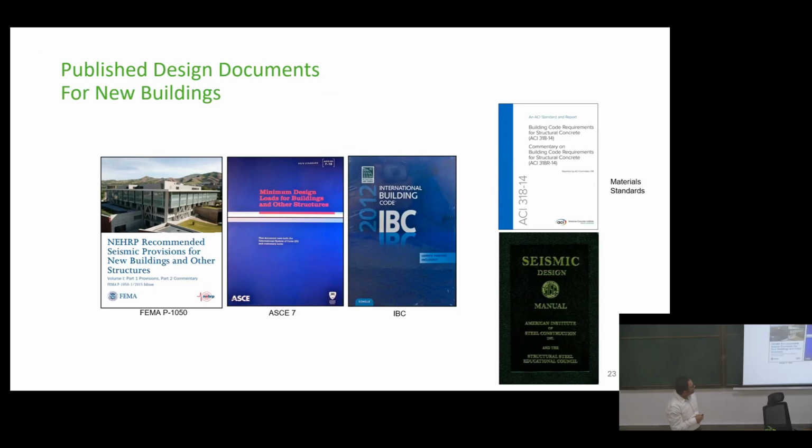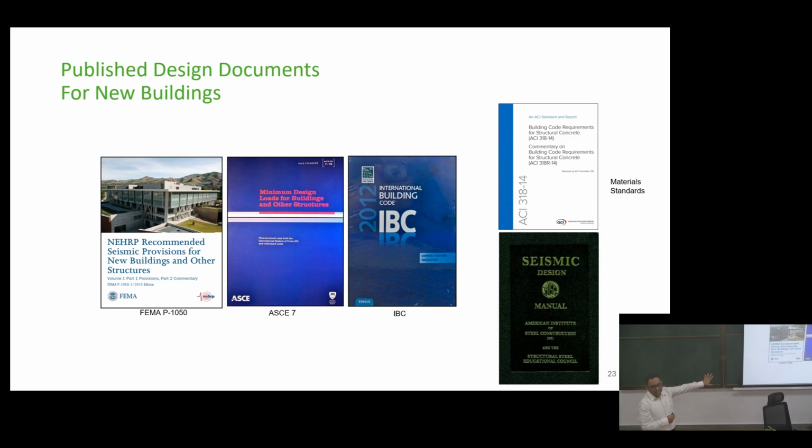Again, some of the documents which I mentioned. These are the NEHRP Recommended Seismic Provisions for New Buildings and Other Structures. This is published by FEMA, the Federal Emergency Management Agency. Now, in the US, there is a saying that if the federal government, or the equivalent of the central government here, publishes something, that's as good as code, even though it is not a building code.